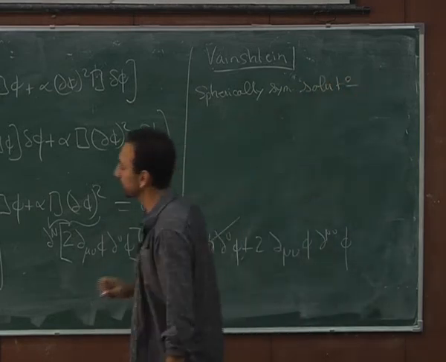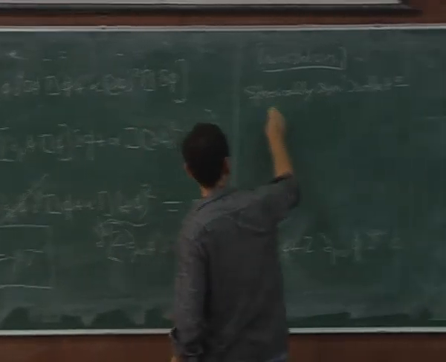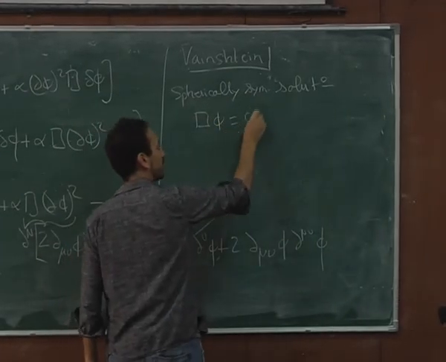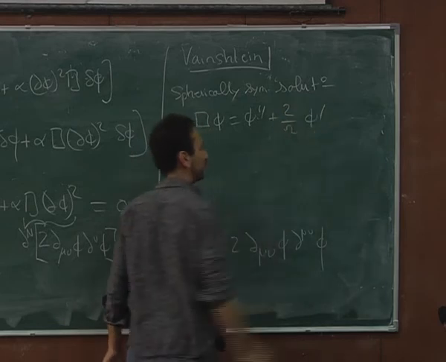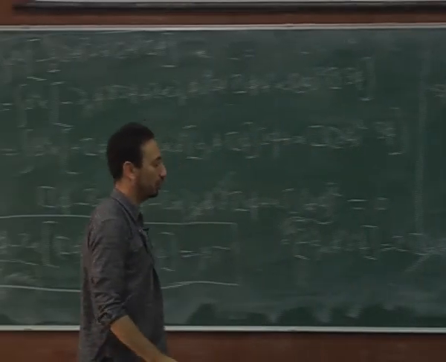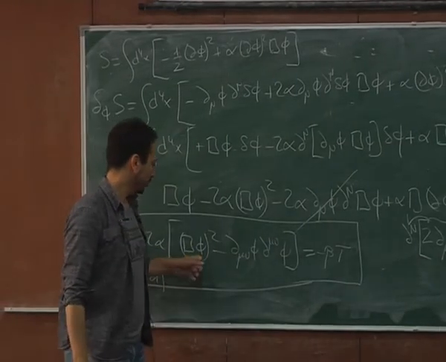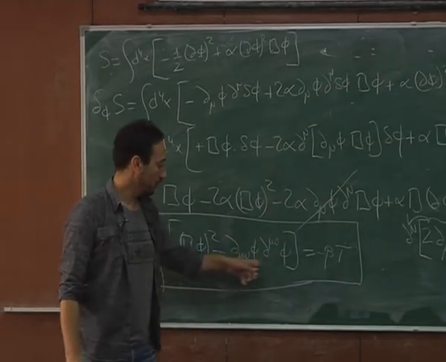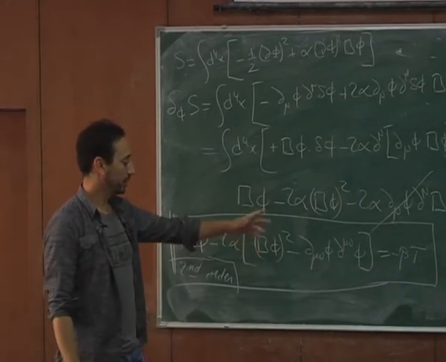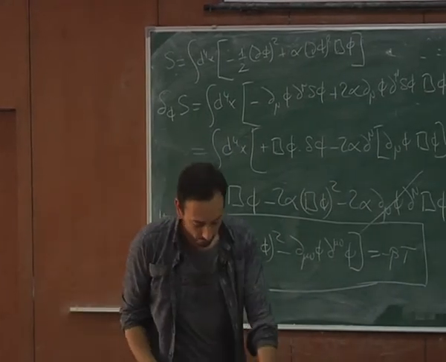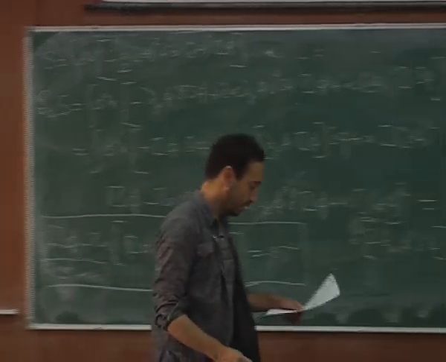In a spherically symmetric solution, box phi is just phi double prime plus 2 divided by r phi prime. This is just the D'Alembertian. This one will be more or less just phi double prime squared. So you can calculate this, and you get the equation for a spherically symmetric case.